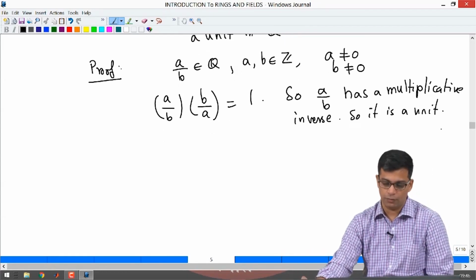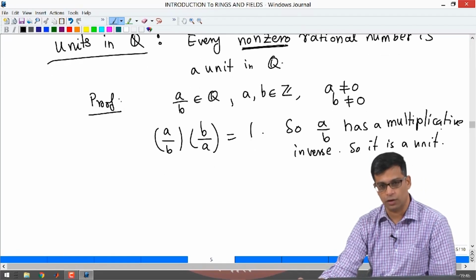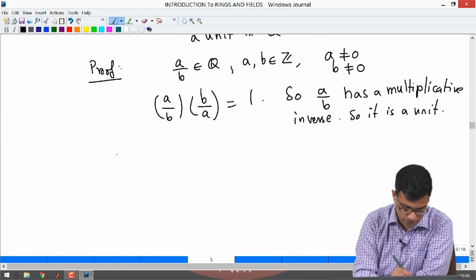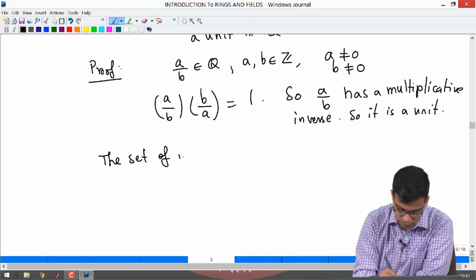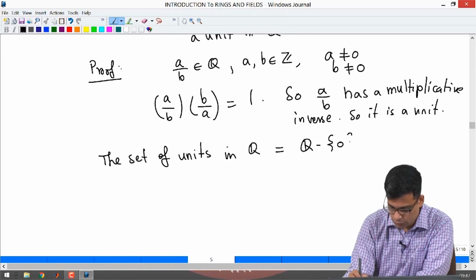So every non-zero rational number is a unit in the ring of rational numbers. So the set of units in Q is equal to Q minus 0.